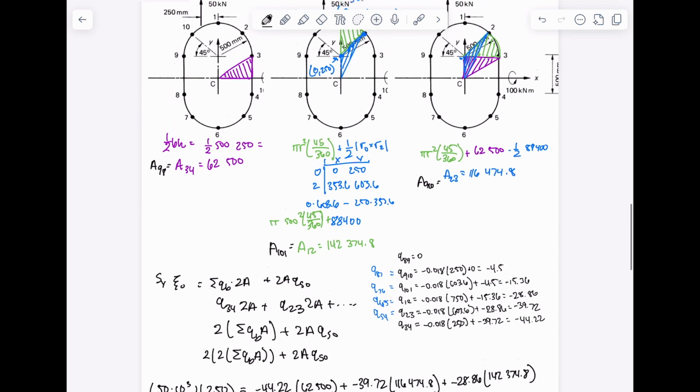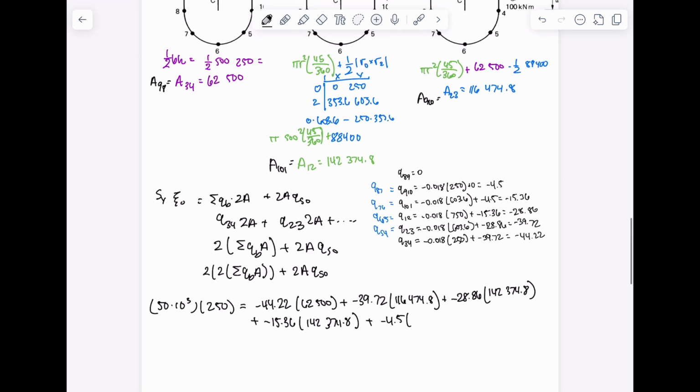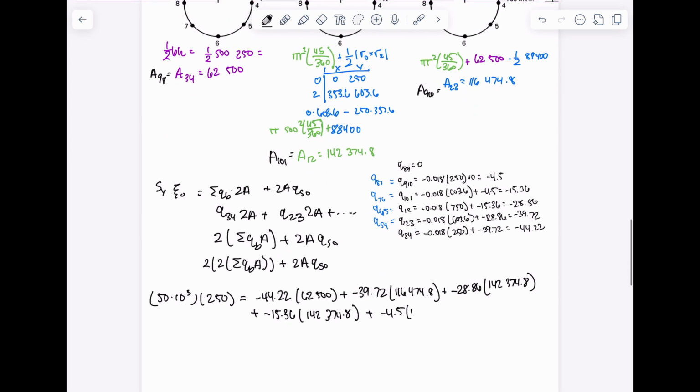Add again from 9 to 10 is negative 4.5 times the area of 9 to 10, which is again 116,474.8. And then we also have to add 0 for shear flow of 8 to 9. The area of 8 and 9 is the same, it doesn't matter.